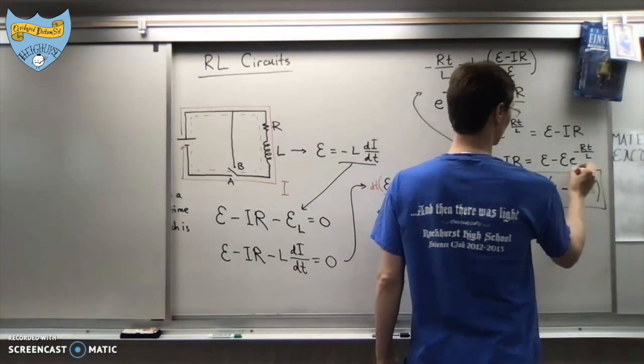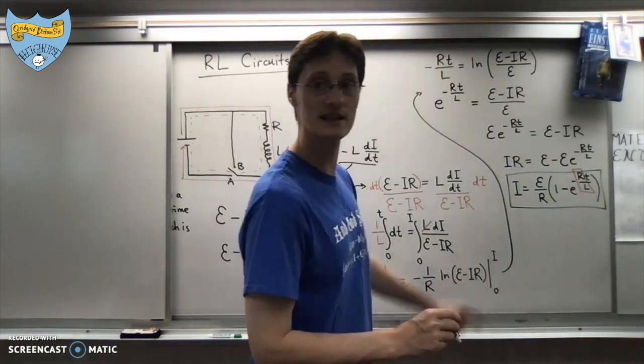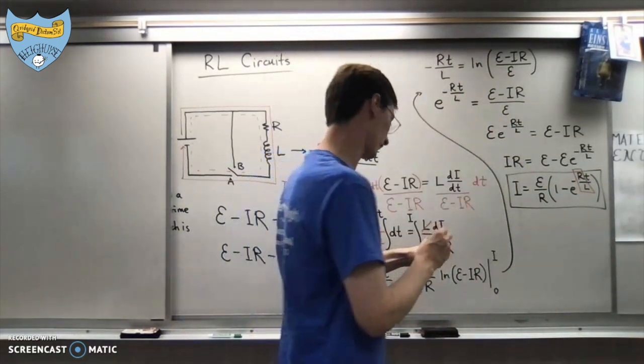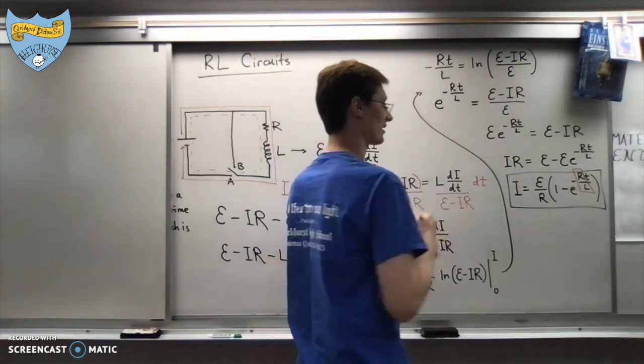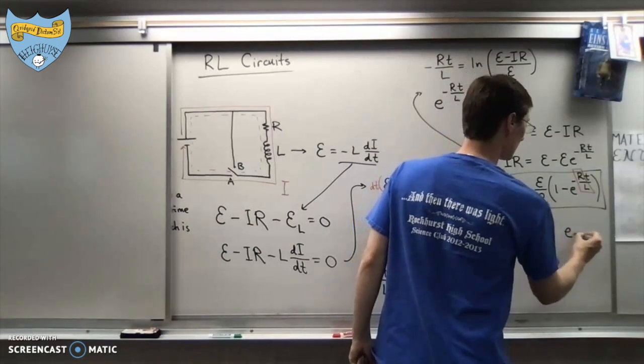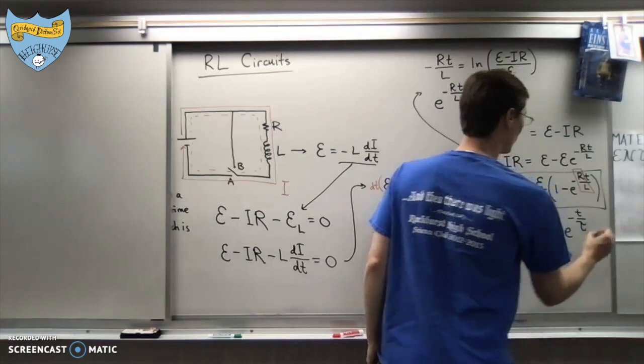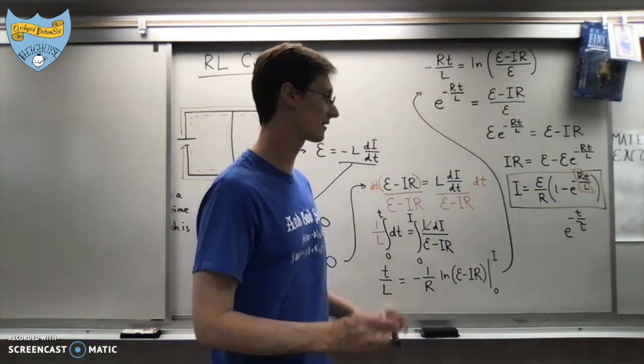And indeed there is. The format for anything with a time constant in it is always e to the negative t over tau, where tau is your time constant.